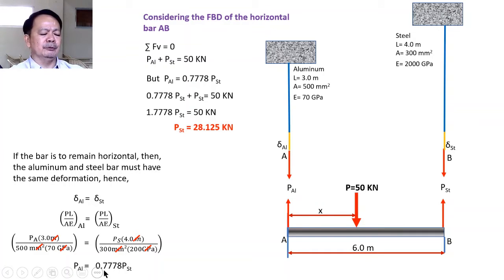So if this will be multiplied by 0.7778, therefore we can solve for the axial load on the aluminum to be 21.875.